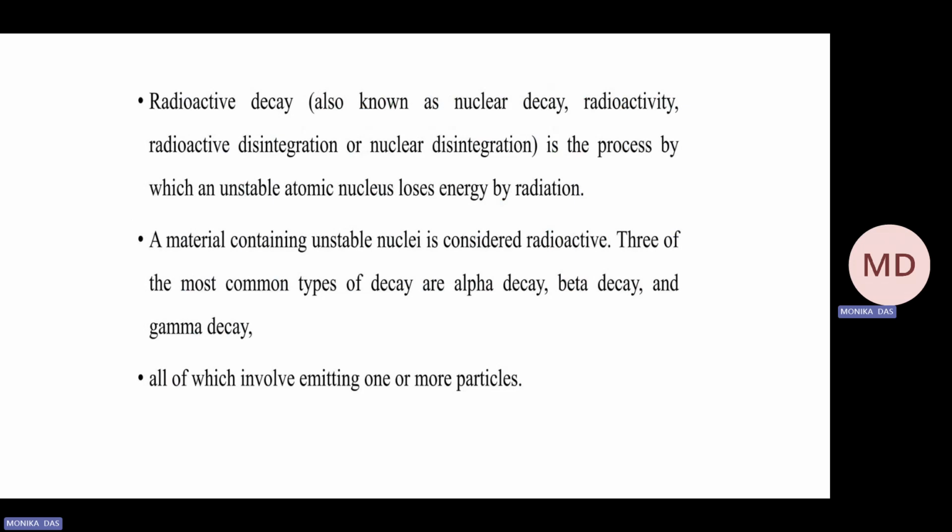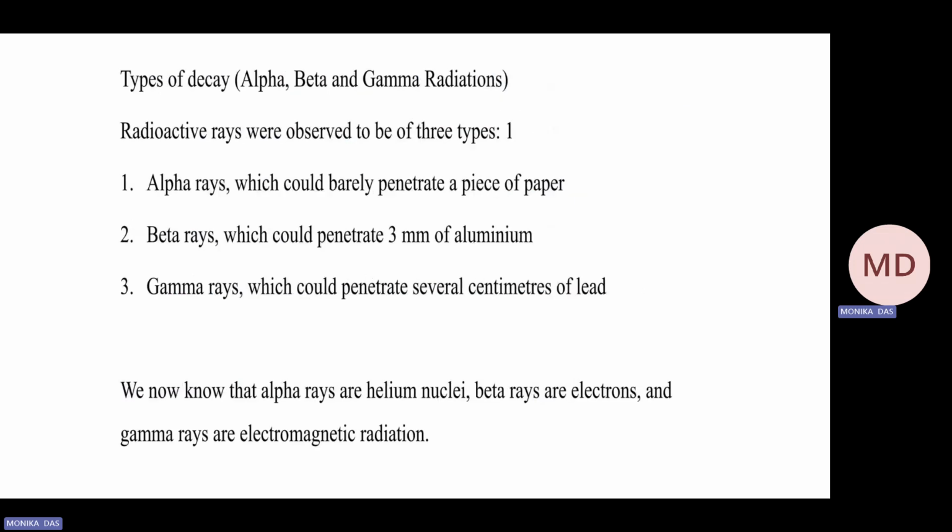So the radiation that is emitted is categorized into three parts, that is alpha, beta, and gamma, all of which involve emitting one or more particles. These decays are used in the pharmaceutical industry and for various other purposes.